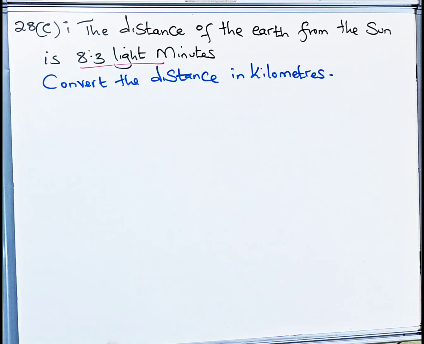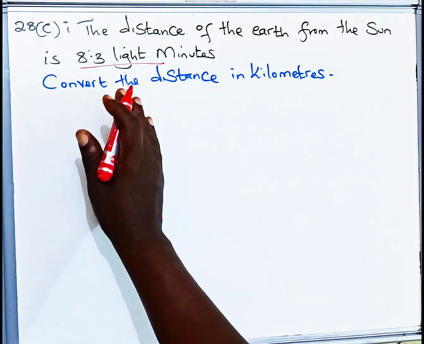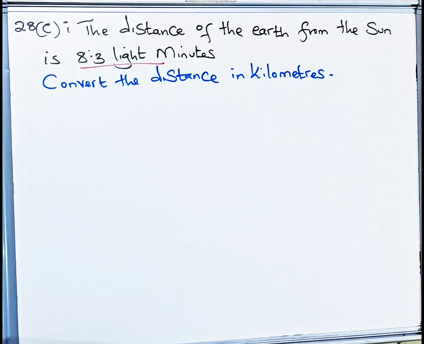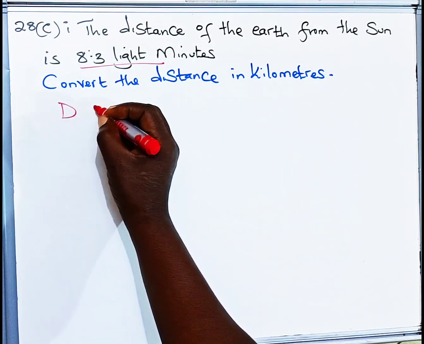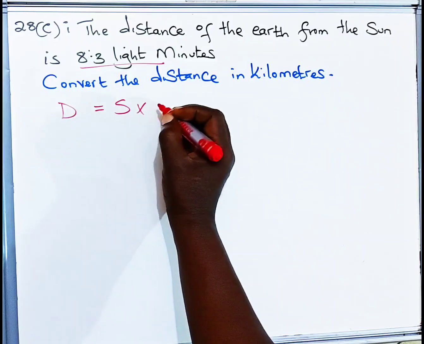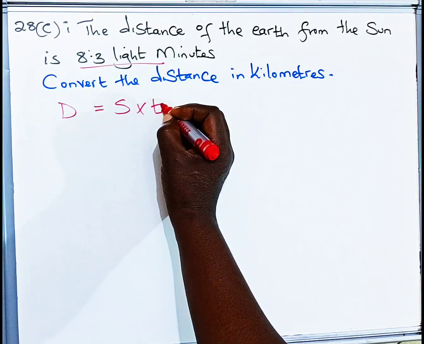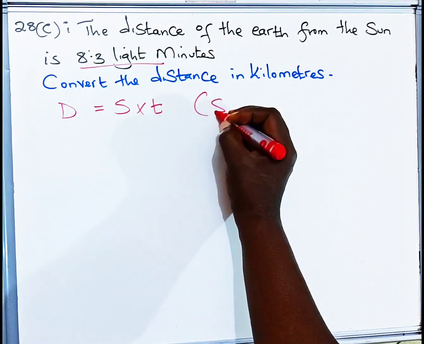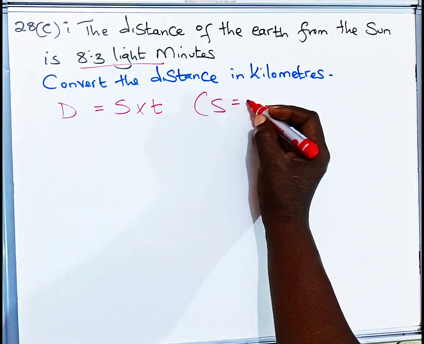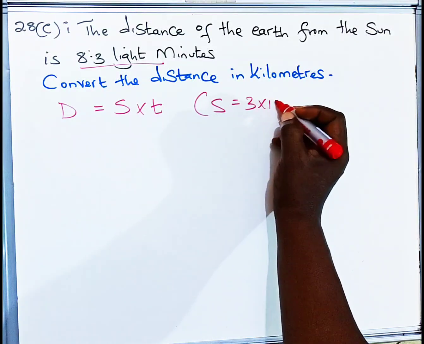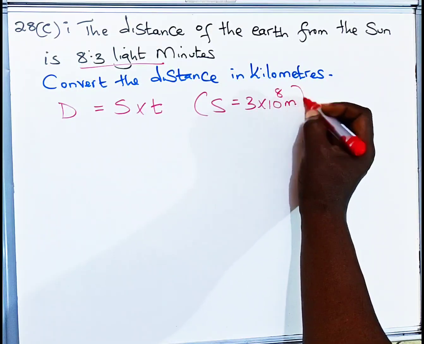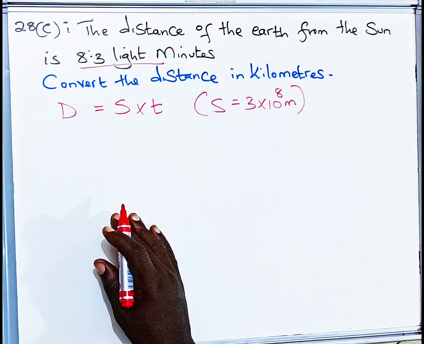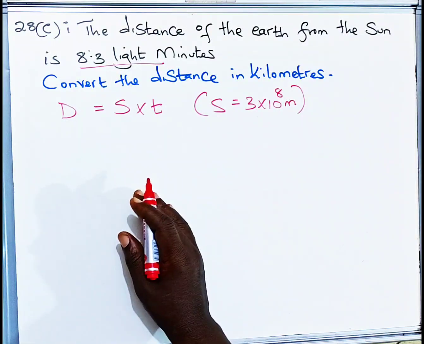So in other words, this is what we have. You have to know that distance is equal to speed times time. The speed of light is 3 times 10 power 8 meters per second. And we know the time.